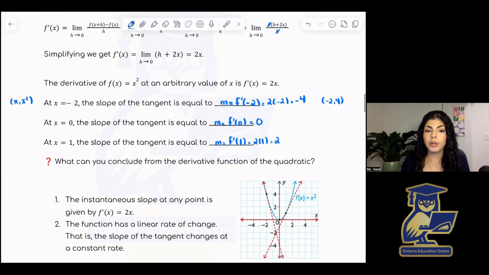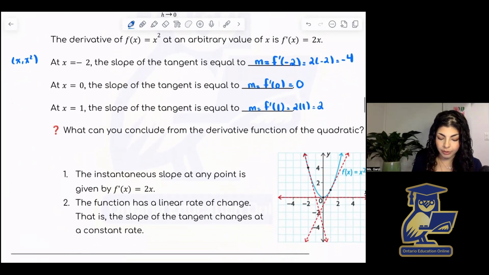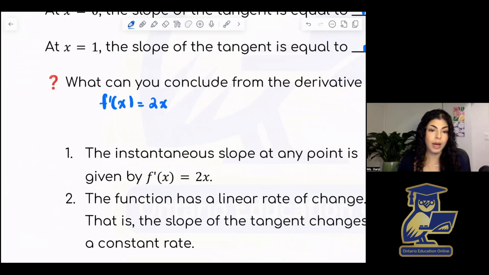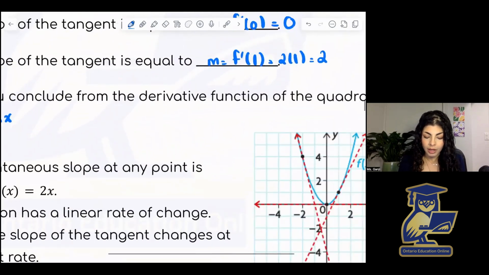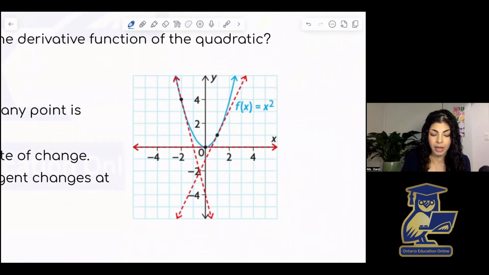Now, what can you conclude from the derivative function of the quadratic? And keep in mind, the derivative function is now f prime of x is equal to 2x. So let's look at our graph here for a second. The blue curve is our function, f of x is equal to x squared.